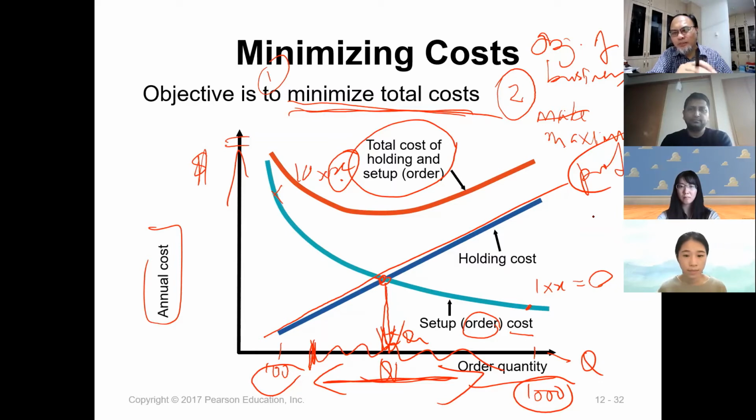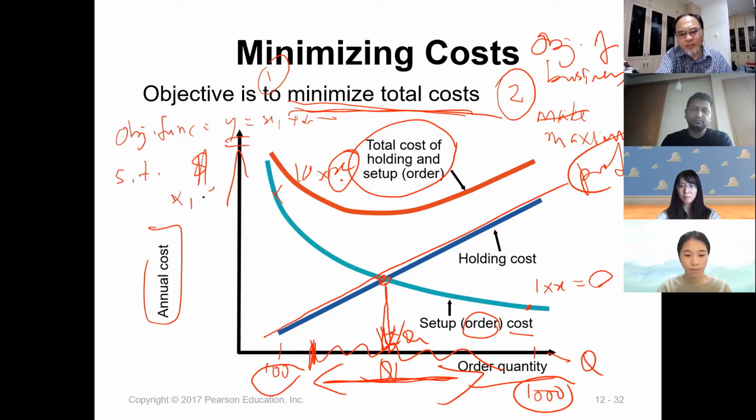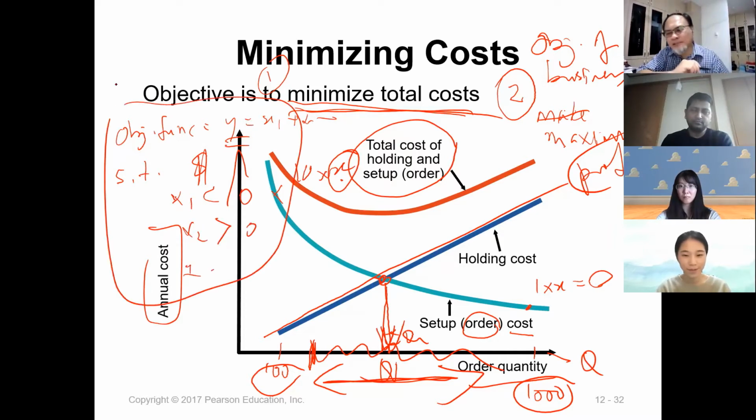If you know linear programming, they have some certain objective function, y equals something like x1 plus x2 plus 1, and subject to these variables, x1 must be less than certain, x2 must be more than something. So this is optimization. So maximize profit is always the goal of business.